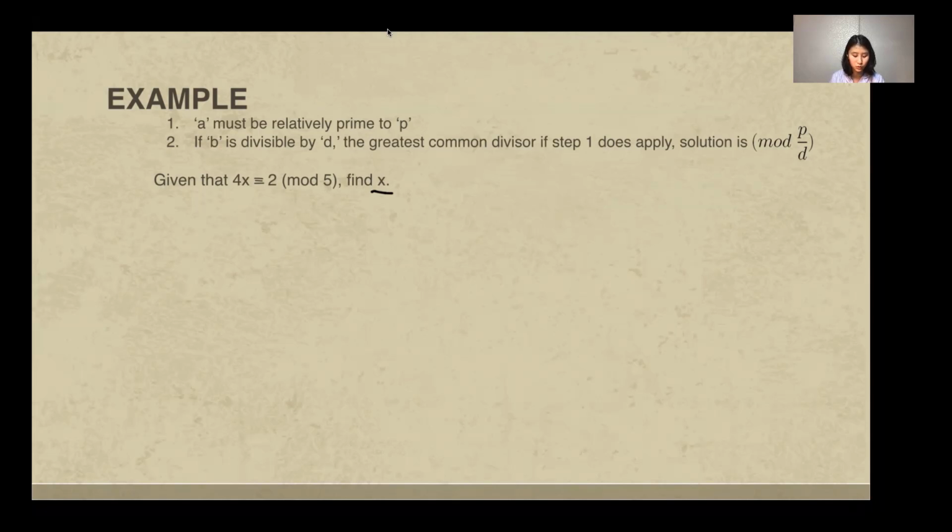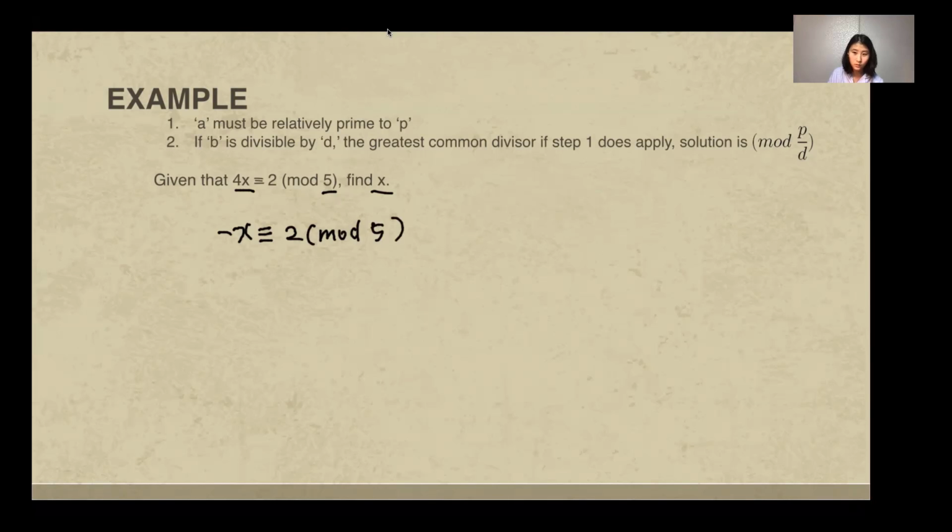4x is congruent to 2 mod 5, and we need to find x. So the first thing we can do here is subtract 5x from 4x, mod 5. And we would get negative x is congruent to 2 mod 5.